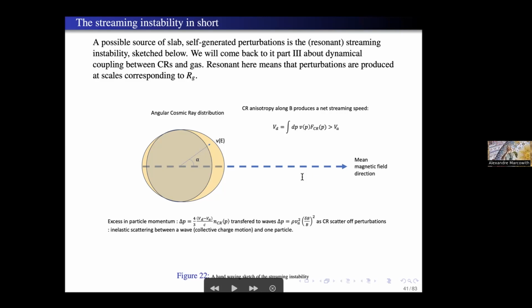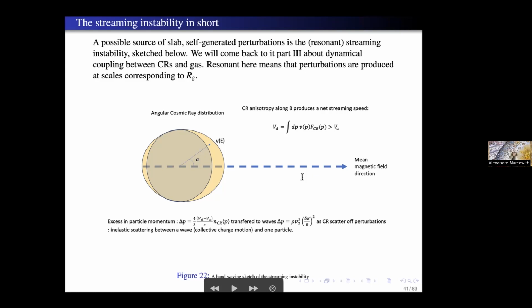So what will happen is that you will produce some waves with momenta in the same direction as this, which will take some parallel momenta of cosmic rays away in order to reduce this anisotropy. Okay, you will try to erase this part, producing waves which carry the excess of momenta along the magnetic field.